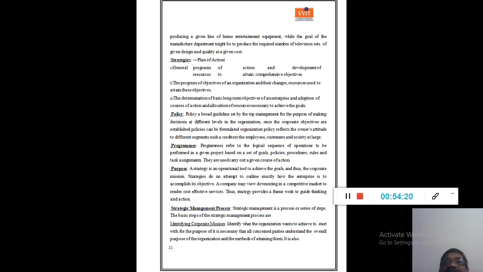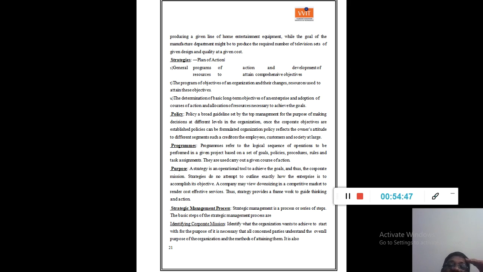In order to attain the objective, you require resources. What program of action you are taking to attain the objectives, and how you are developing the resources, is strategy. Program of action, chalking out an action, is strategy.